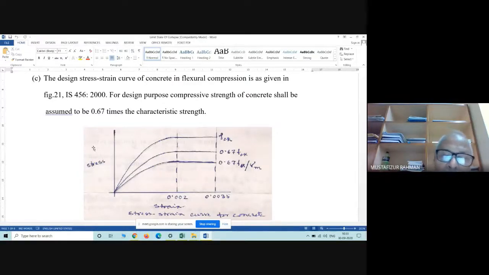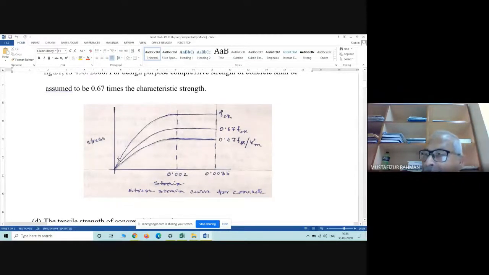Right? Now, this curve, for the practical region, the topmost curve is the actual result.